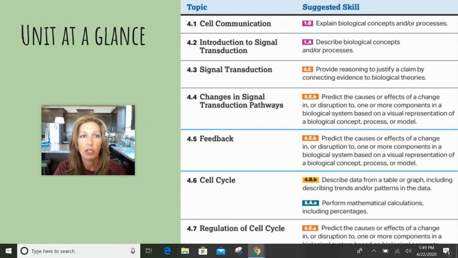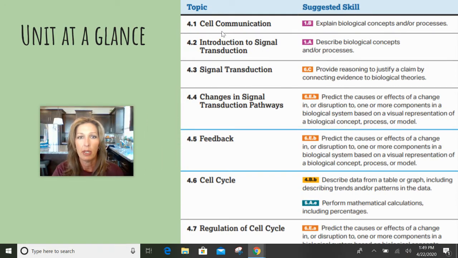Now, our overview of this unit: cell communication, cell signal transduction, transduction pathways. We're going to look at some illustrative examples.